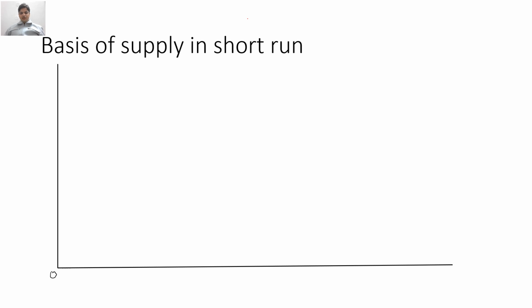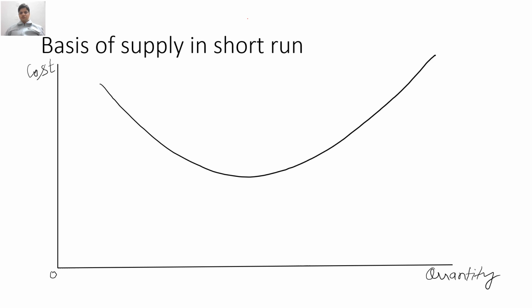Here on the x-axis we plot the quantity, on the y-axis we plot the cost. With variable resources we have average variable cost, and then we have marginal cost. This hockey shaped curve is the marginal cost curve. Marginal cost is the cost of producing an additional unit of quantity.